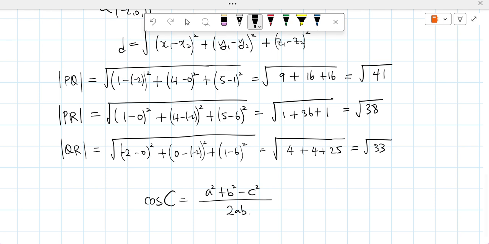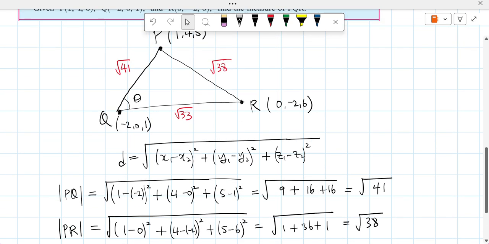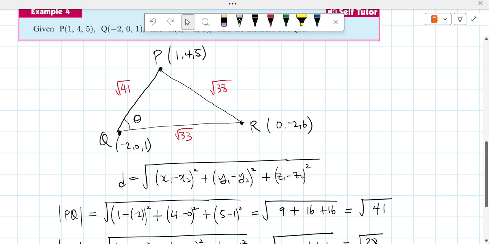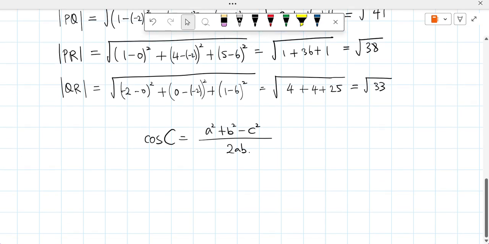So once again, when we use the cosine rule, it is important that we be careful about choosing the correct numbers for the correct letters. In this case, we want to find the angle PQR. So let's call that point C. Then the side opposite the angle PQR is going to be the square root of 38, which is going to be assigned as the lowercase c. So just be mindful of that. The A and B don't matter too much.